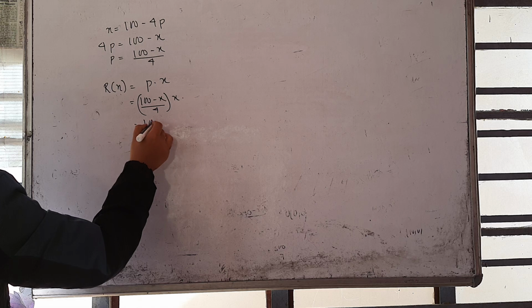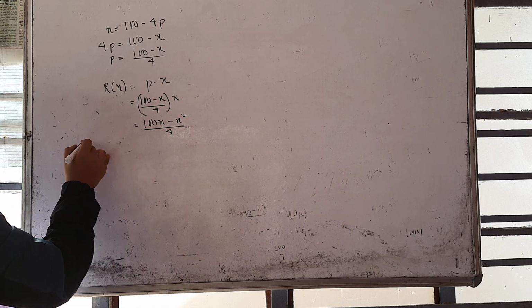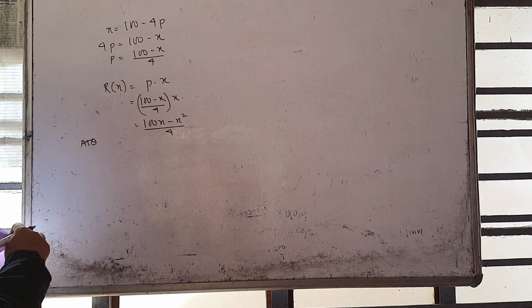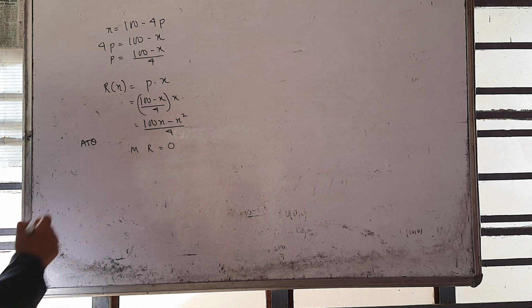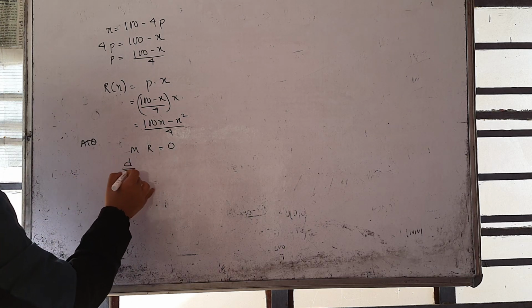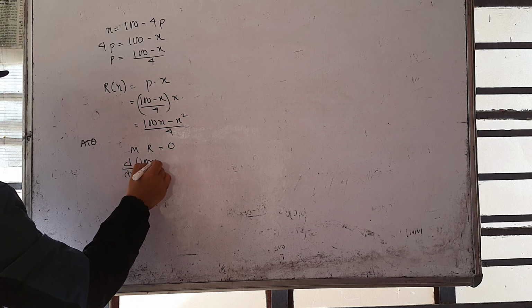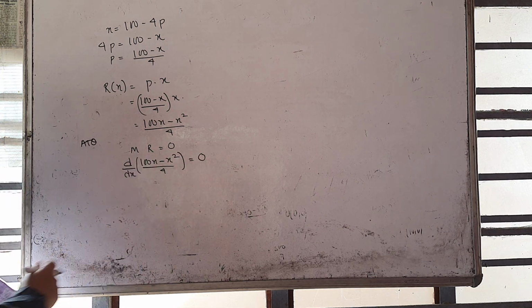X. Multiply, guys. 100x minus x square by 4. So according to the question, they are saying what is 0? Marginal revenue is 0. MR is equal to 0. So can you help me find out MR? Marginal means what? D by dx of Rx. And what is Rx, guys? 100x minus x square by 4 is equal to 0.